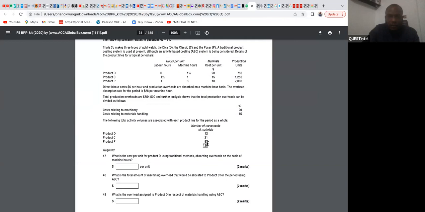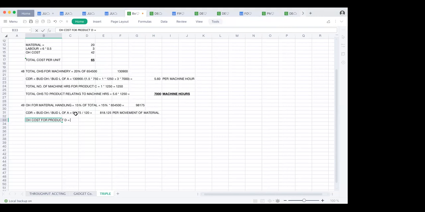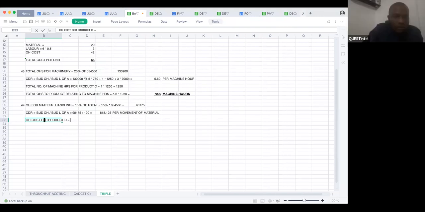So the one with 87 will have a lot more. So the overhead cost for product D, with 12 movements, will be 818 multiplied by 12.